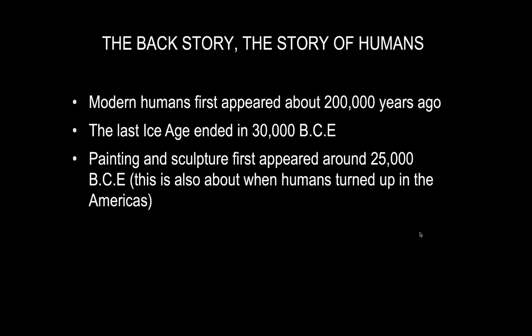Painting and sculpture appeared around 30,000 to 25,000 BCE. And those dates are fluid because there are still some questions about where things were found, what they date to, and that sort of thing. So somewhere between 30,000 and 25,000, we begin to see painting and sculpture.